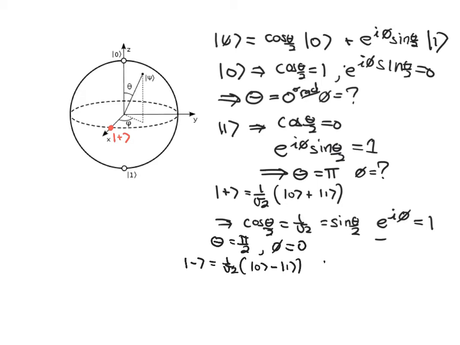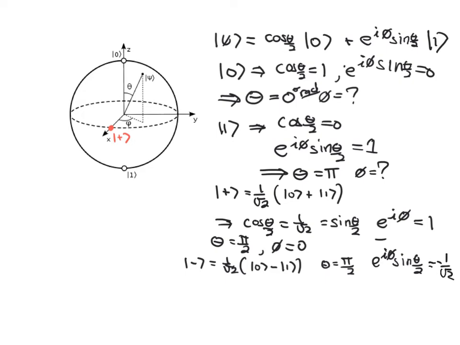So that must mean that theta is still equal to pi over 2. But now e to the i phi times sine theta over 2 has got to equal minus 1 over the square root of 2.